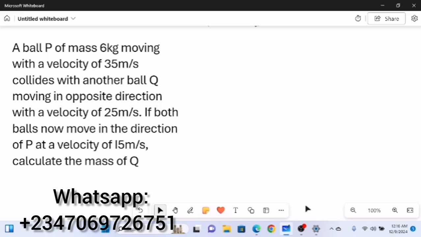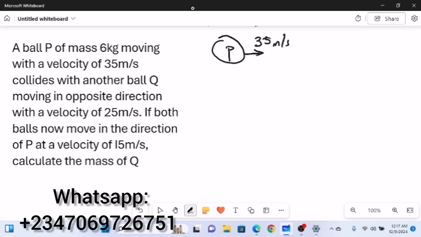So we have two balls. Let's indicate them with a diagram. This is P moving with a speed, let's assume this direction, of 35 meters per second. Now the mass of this ball P is given simply as 6 kg.